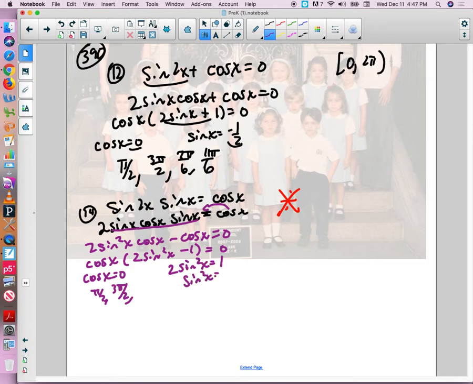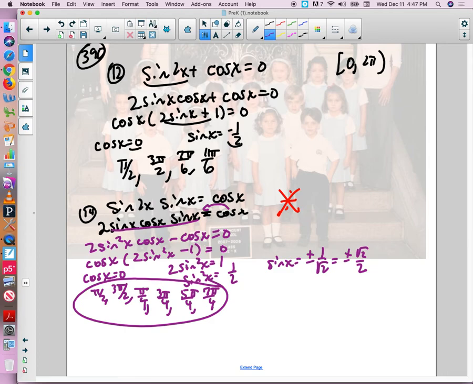Sine squared x equals 1 over 2. Sine x equals plus or minus 1 over root 2, which is the same thing as this. So I get all 4 pi over 4 answers. And so that's the answers to 14.